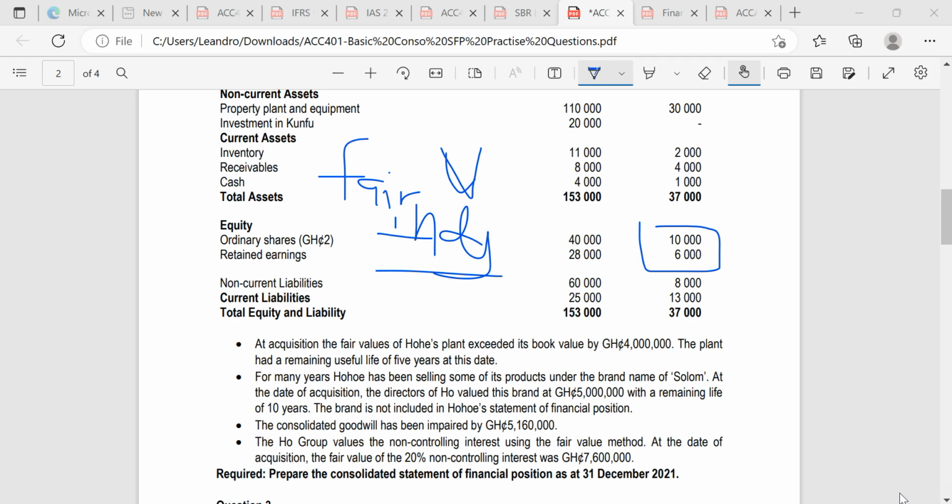So when you go to do consolidation, this increase in the value of plant will be added to plant. So your total PPE in the consolidated financial statement will be 110,000 plus 30,000 plus the addition of the upward fair valuation of 4 million.